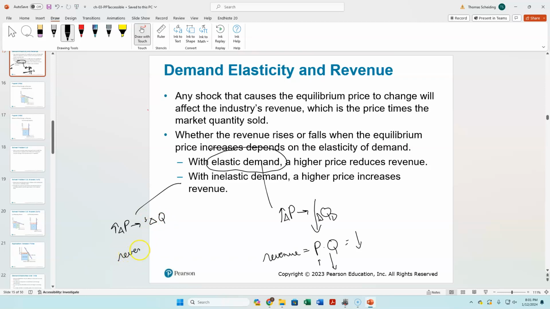Which again, if we're looking at revenue, which is equal to P times Q, this is going up, and this is only going down by a little bit, which means that in general, my revenue is going to be going up. This is your advantage to selling something, to investing all that money in marketing, in patents, etc.